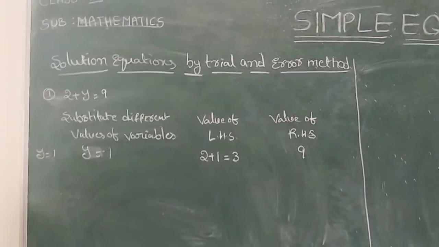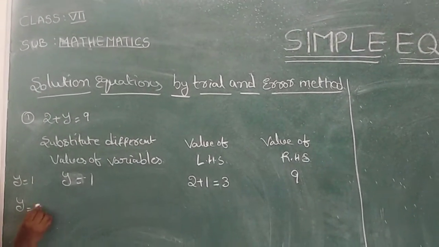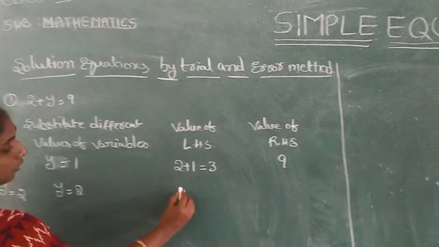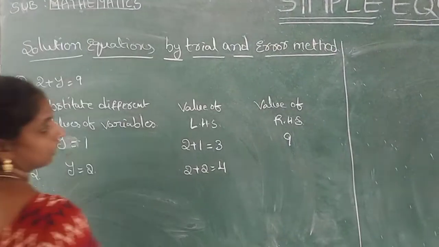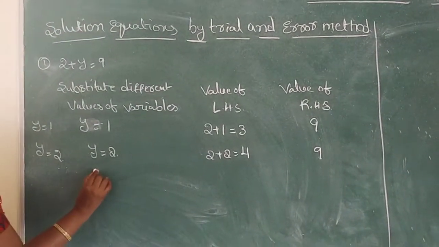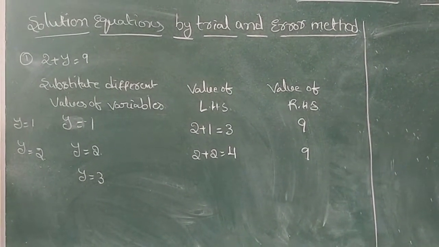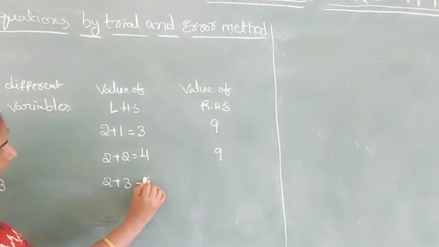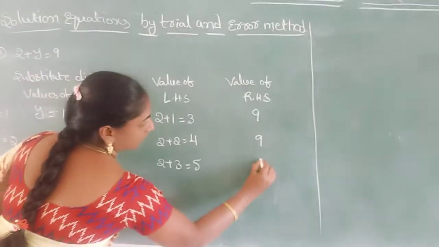We can take y is equal to 2, 2 plus 2, that is 4, RHS 9. Y is equal to 3, 2 plus 3, that is 5, RHS is 9.